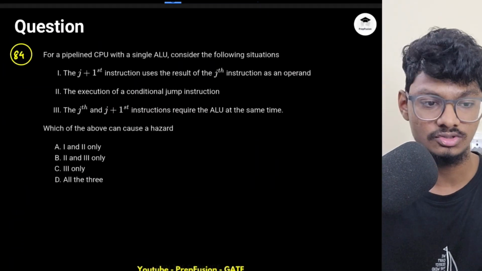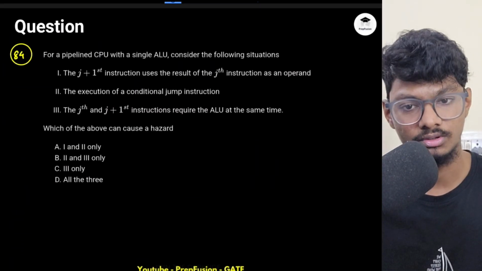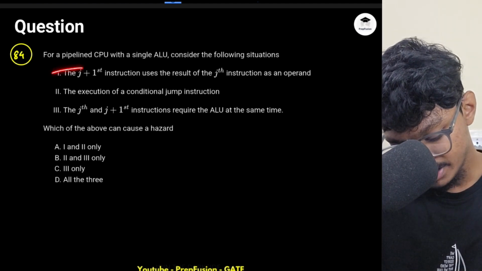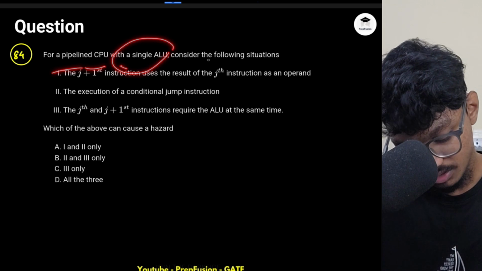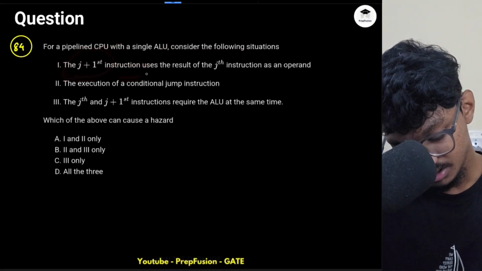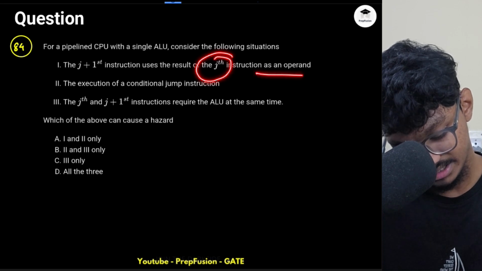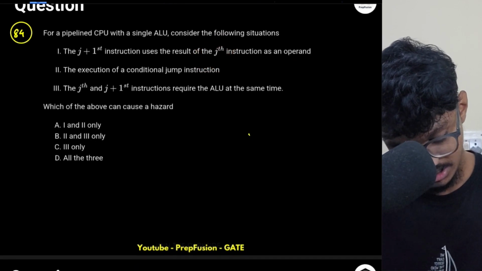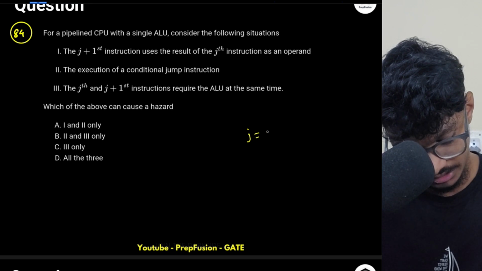Okay, now we will solve few questions on this particular hazards. For a pipeline CPU with a single ALU, consider the following situations. The j plus ith instruction uses the result of jth instruction as an operand. So let's say j is 3.